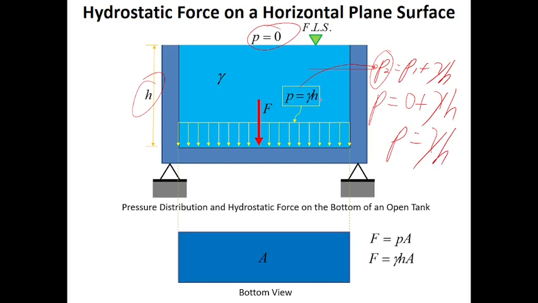That is why it was derived. So therefore, F is PA, where P is the specific weight times H. So the Greek letter gamma times the height or the pressure head multiplied by the area will give us the hydrostatic force on a horizontal plane surface.